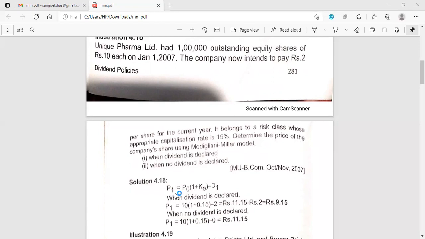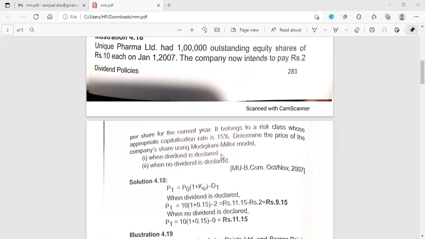Now again P1 stands for the market value of the share at the end, P0 means the beginning market value, Ke means cost of equity, D1 means dividend. In the first case dividend is declared, and in the second case dividend is not declared. So under two cases we have to work out this problem. First let us consider the first case, when dividend is declared.